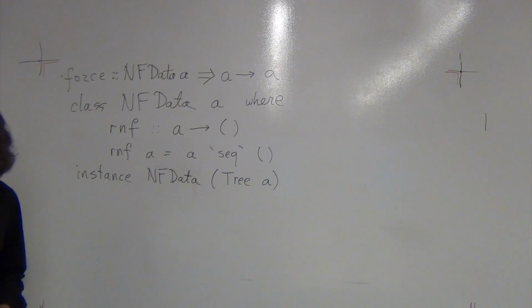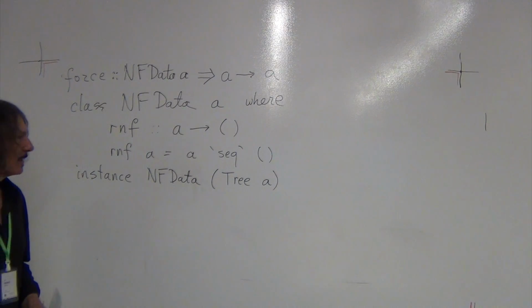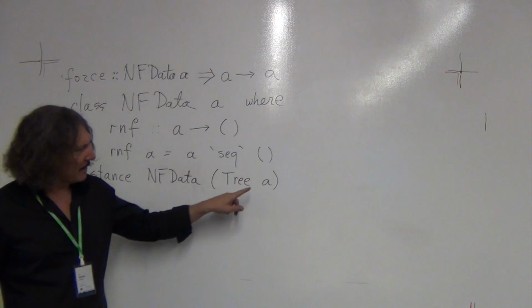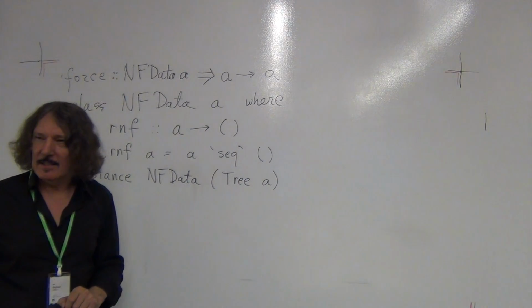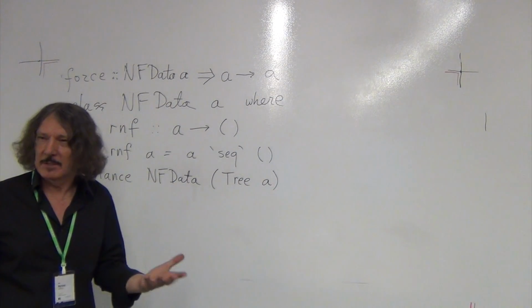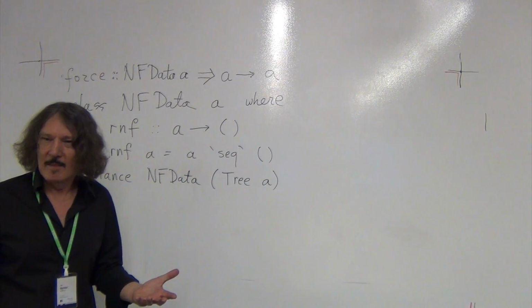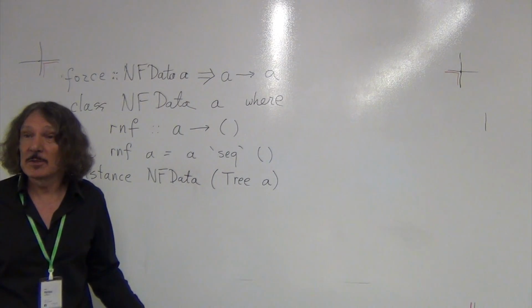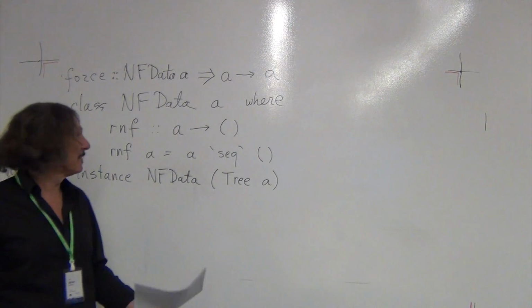But that's kind of too weak, because if you want to deeply evaluate a tree, you also have to deeply evaluate A's. That's what deep evaluation means. So how can you deeply evaluate A? You can only do this if A itself is NF data.